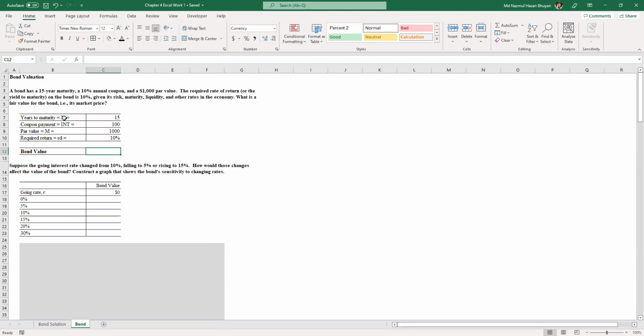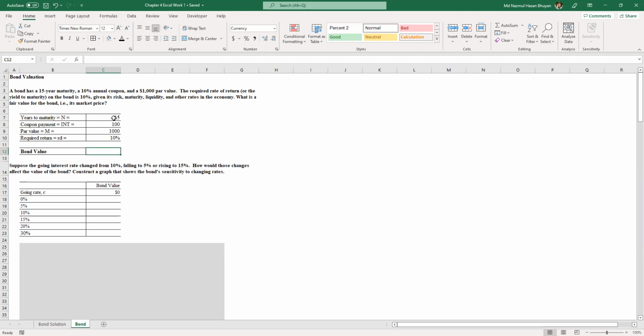Okay. So here, one important characteristic is we don't know the specific date at which this bond will mature, but we know the date will be 15 years from now.